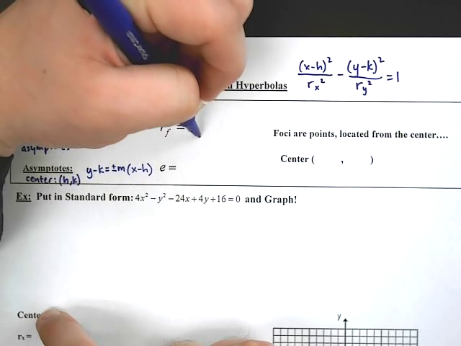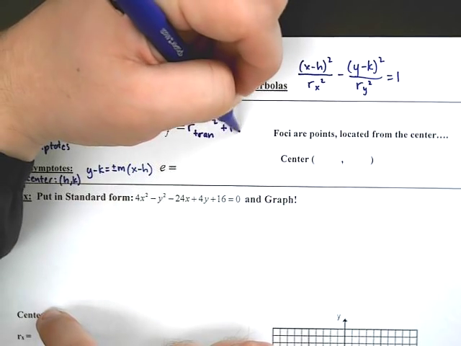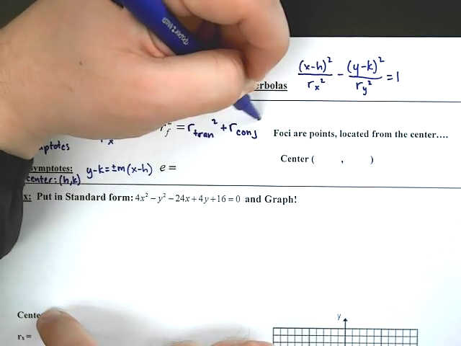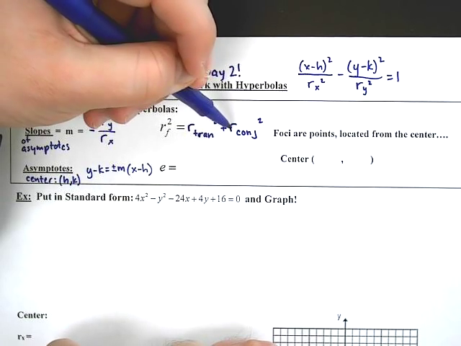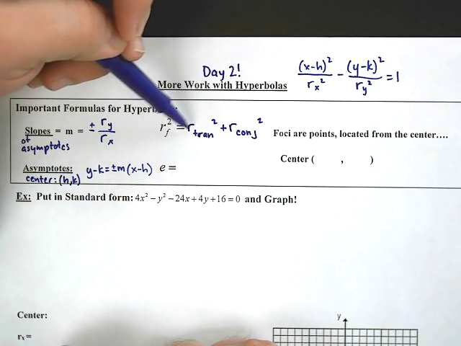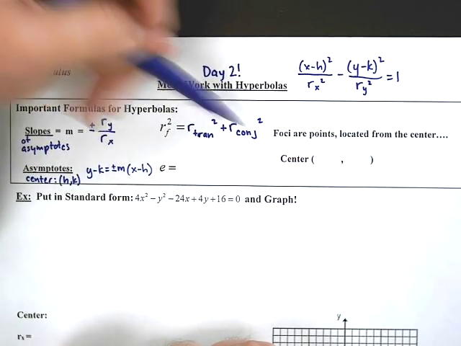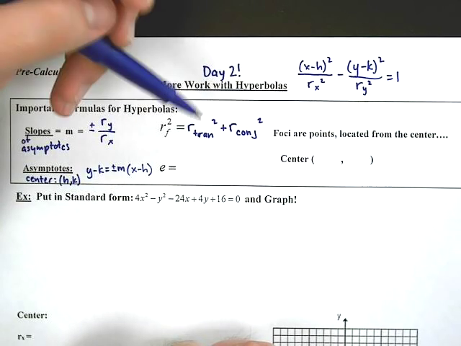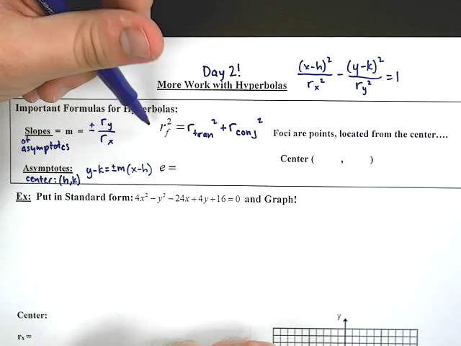We talk about transverse and conjugate axis. So we have the transverse radius squared plus the conjugate radius squared. And what's really nice is you don't even need to memorize which one is which, because you're adding them. It doesn't matter which one you take away. So if you remember r squared plus r squared, you're going to be okay.